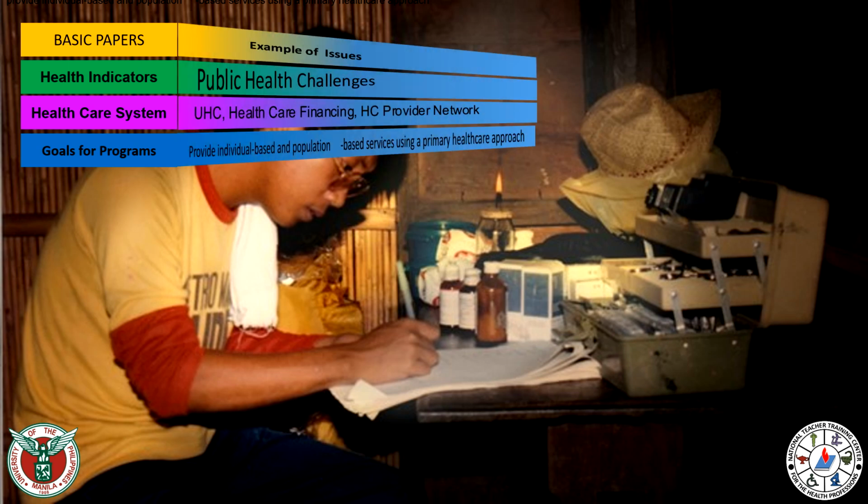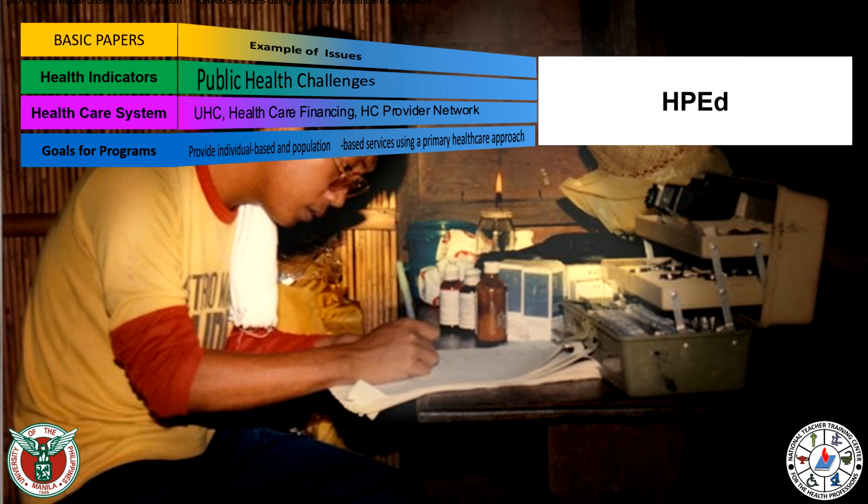And that would probably be your health indicators, healthcare system, goals for the program, as I mentioned earlier, and of course the different challenges that we have to face as members of the healthcare sector or the healthcare system.